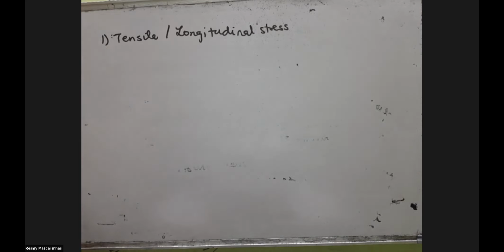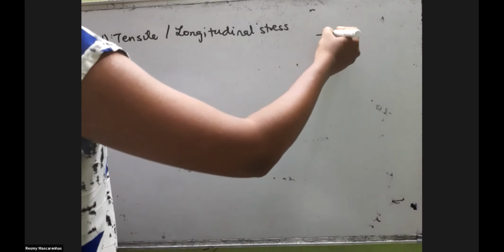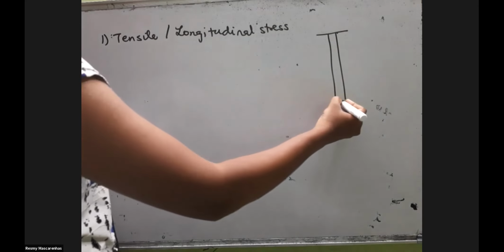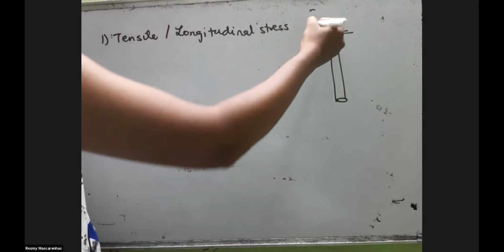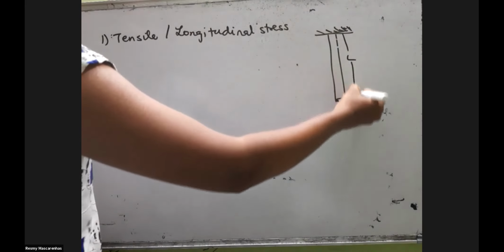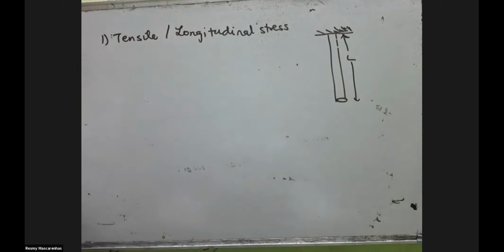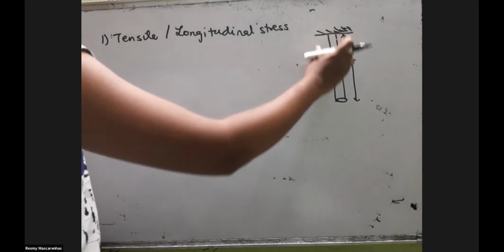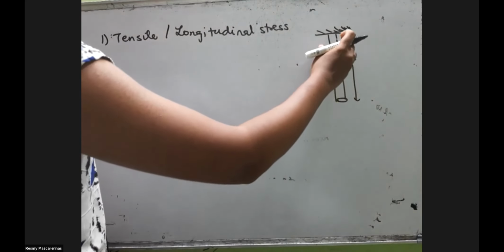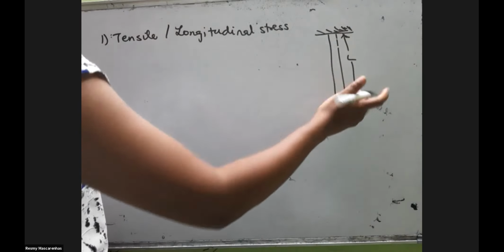Suppose there is a circular rod which is fixed, and its original length is L. Now suppose a force is applied and you're pulling the rod, or you put some load, so there will be an extension in the rod.